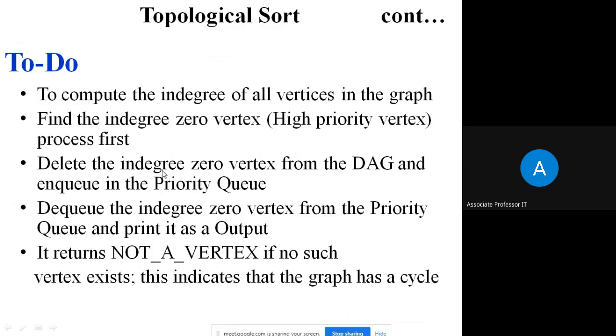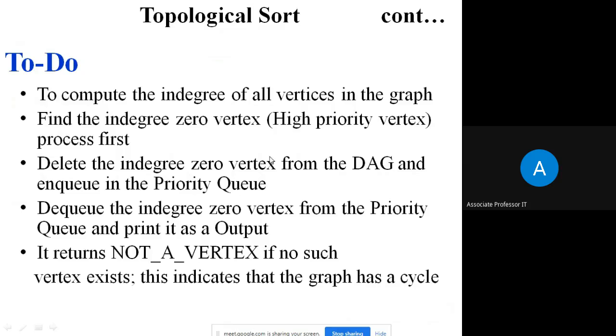Then delete the indegree zero vertex from the directed acyclic graph and enqueue it in the priority queue. Then dequeue the indegree zero vertex from the priority queue and print it as the output. It returns not a vertex if no such vertex exists. This indicates that the graph has a cycle.